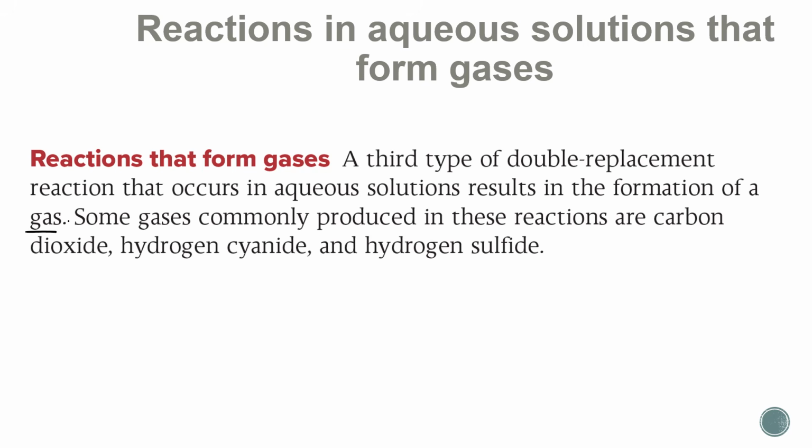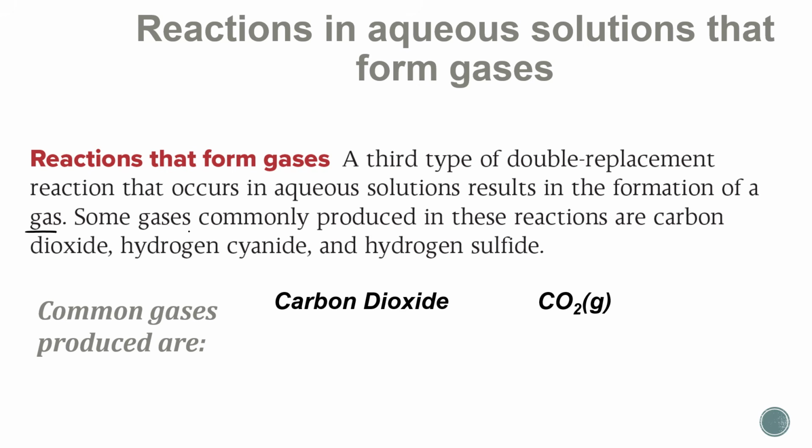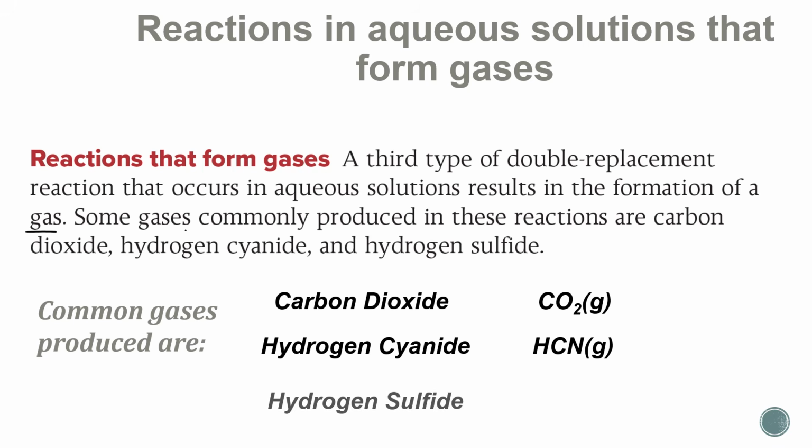That means a gas is formed, one of the products is a gas. Some gases commonly produced in these reactions are carbon dioxide, hydrogen cyanide, and hydrogen sulfide. So you will have one of these three as the gas, only one of these three. Carbon dioxide, hydrogen cyanide, or hydrogen sulfide. If you see one of these three, you should know that these are gases.